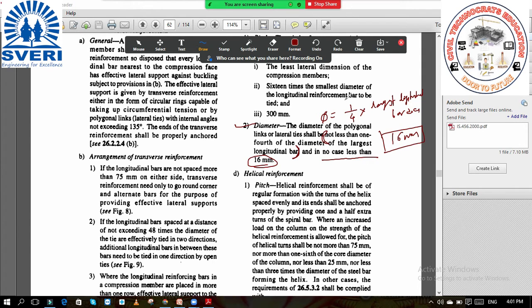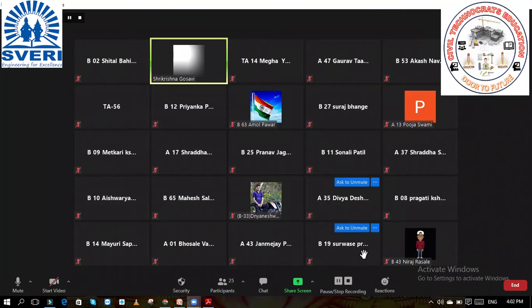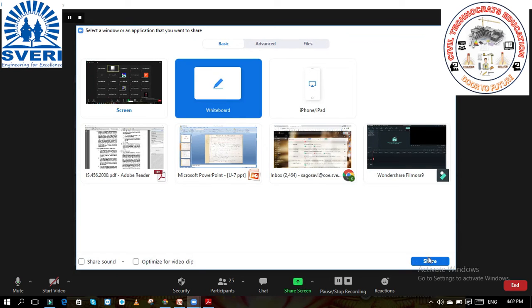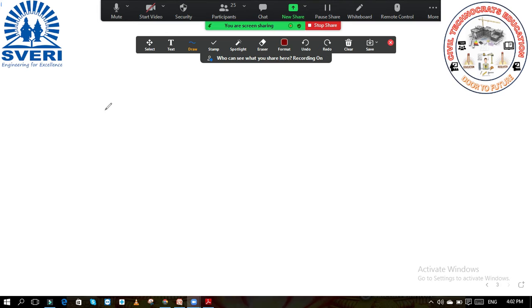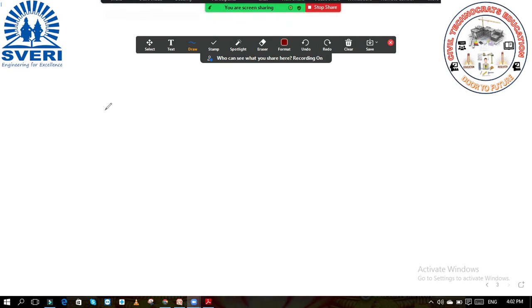Okay, so these are some important clauses which are given over here in the IS code. Now we will take one numerical so that we will understand it better. So it is very easy. Now I have explained all the rules.